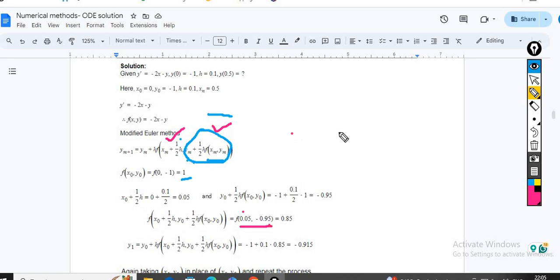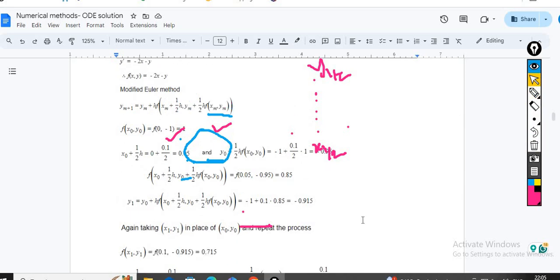This is not x0, rather this is x0 plus h by 2, and its corresponding y0 midpoint value is also here. So you can consider this as x half, the midpoint you are considering, and this as y half. Although we don't have this information, we are trying to calculate it to get a higher accuracy. Okay?